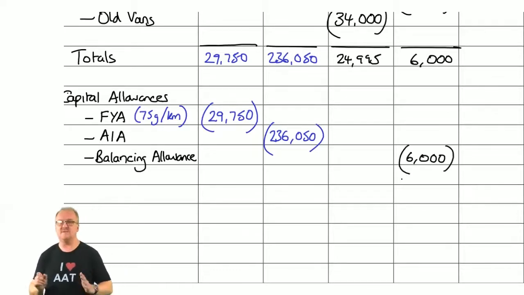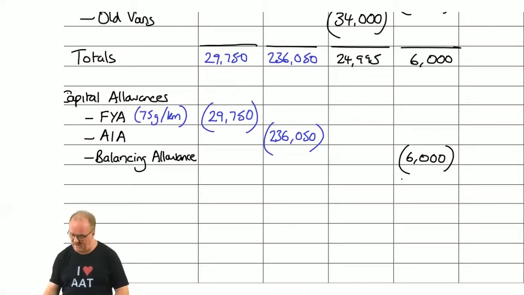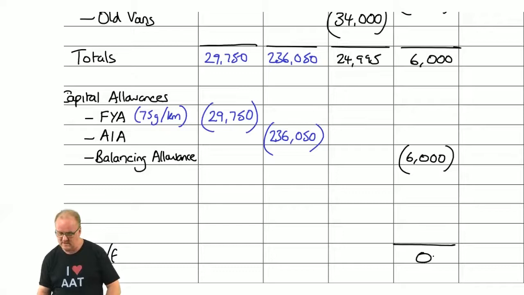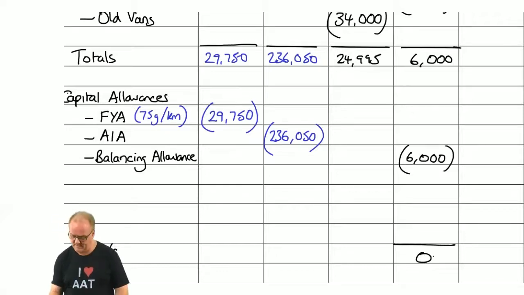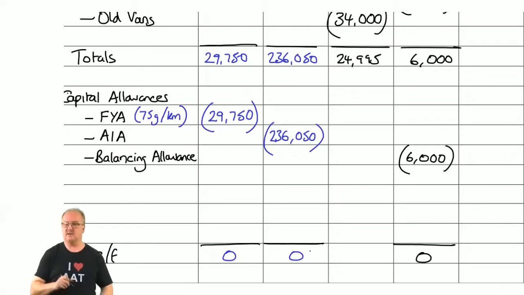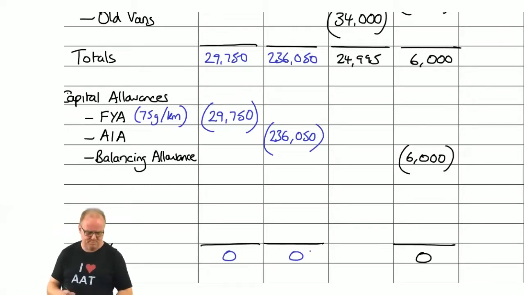and that means that for the 3 columns we've done so far, not going to need much more space, so I'll put my carry forward in now. His old car has gone, so that's 0, and he's had everything he's going to get for the new car and for the vans. Which leaves us with the general pool.